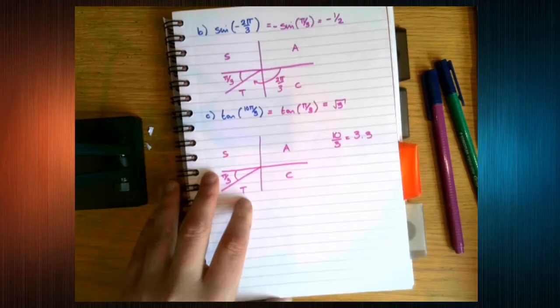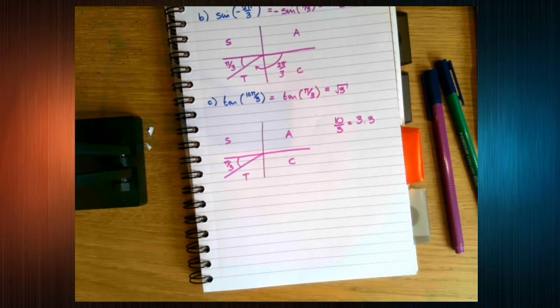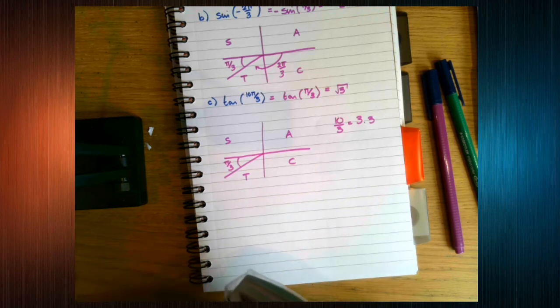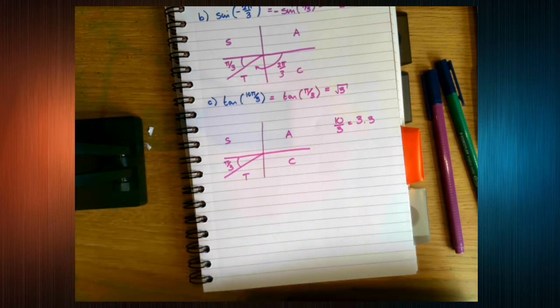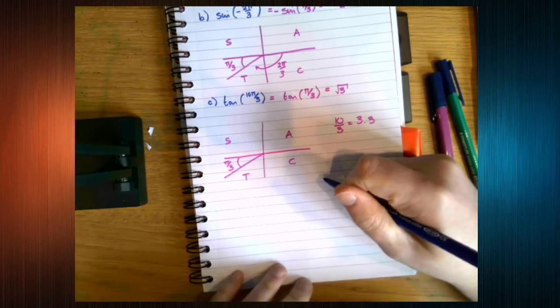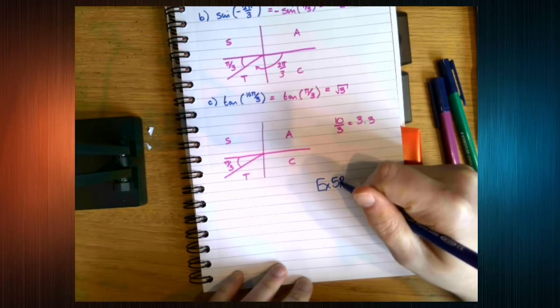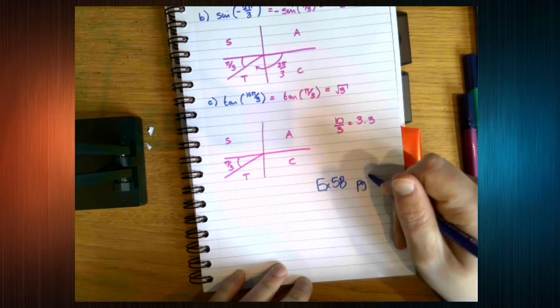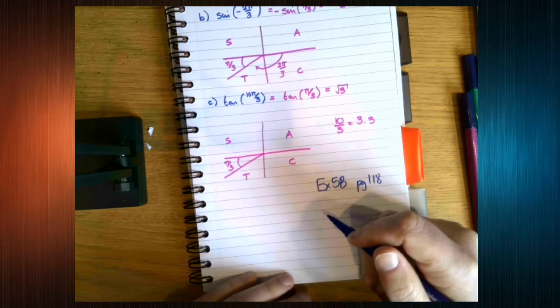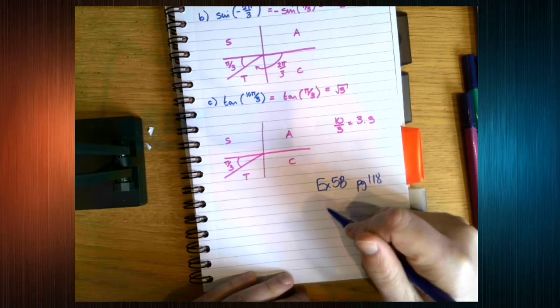Okay? I would like you to practice this a little bit, but not too much. So, what I would like you to do, please, is exercise 5B, which is page 118. Just do question 1.